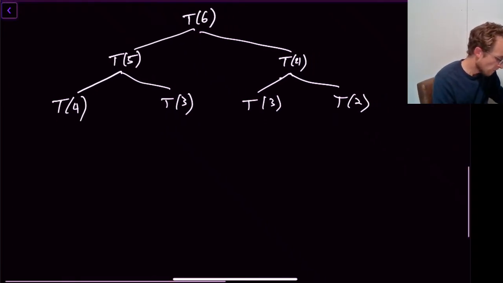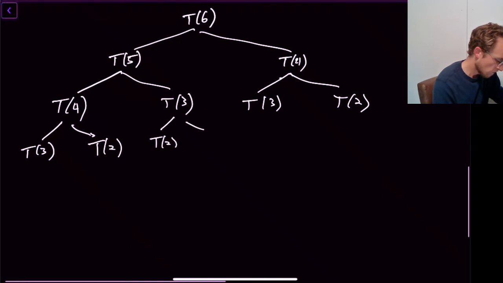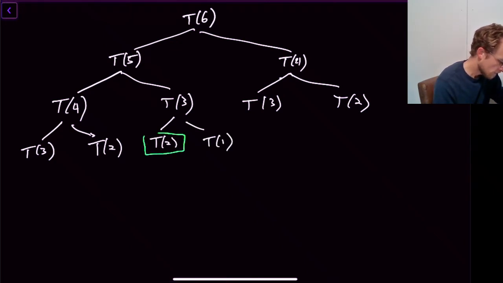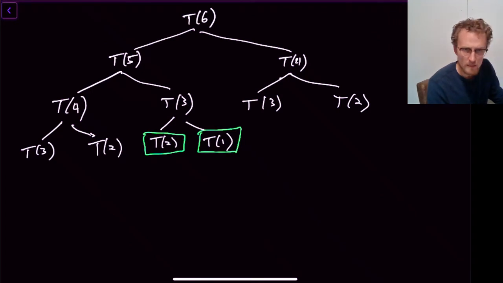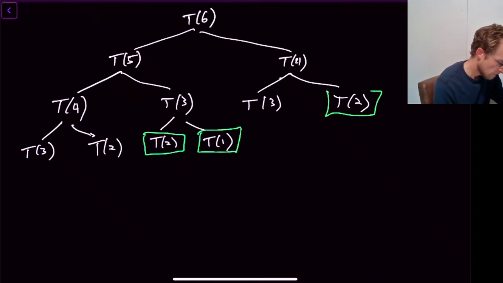Okay, so T of 4 now takes us down to T of 3 and T of 2. T of 3 takes us down to T of 2 and T of 1. Okay, so now notice that these are leaves, right? That's a base case, that's a base case. That's a base case, that's a base case.